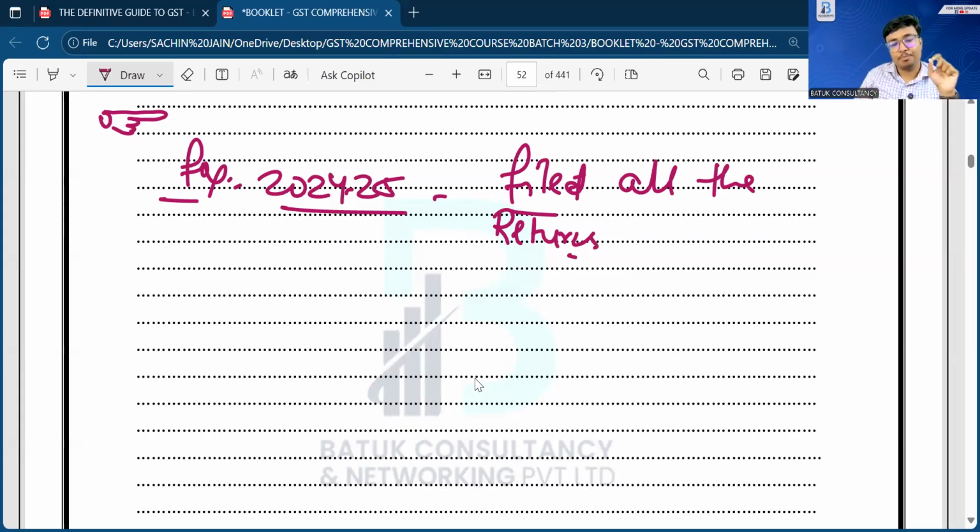But there is one issue. While filing the return of financial year 2024-25, I forgot to claim certain input tax credit.